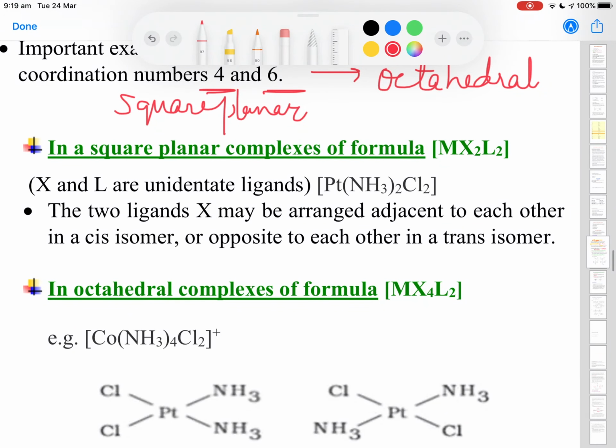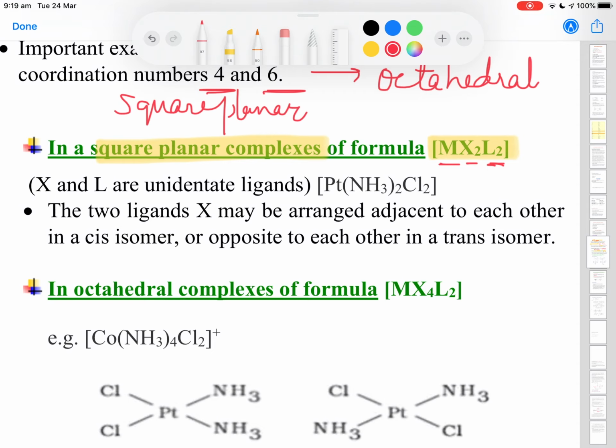Fine. Now, when we talk about square planar complexes, let us take a general example. M stands for the metal atom, X stands for one type of ligand, and L stands for another type of ligand.